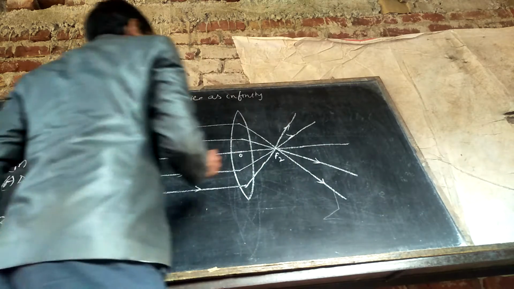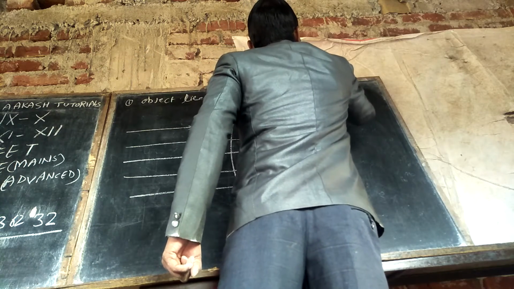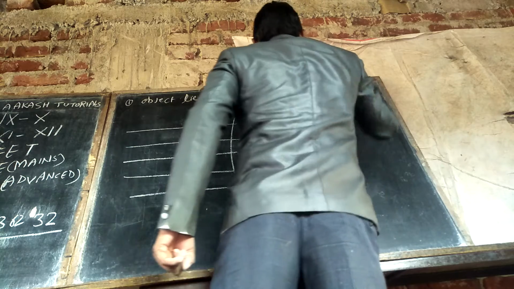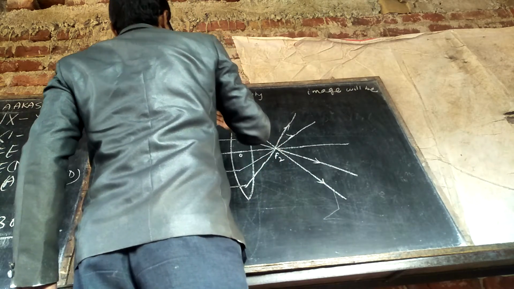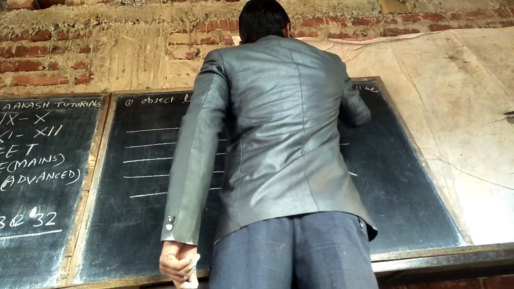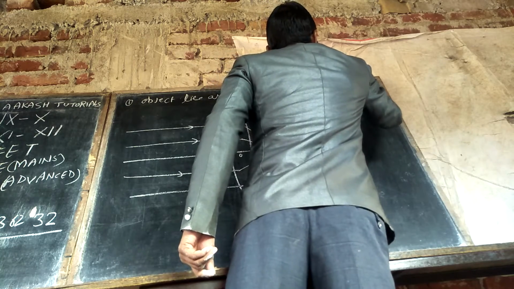It means if the object is at infinity, the image will be, in the case of between infinity and f, real and inverted.